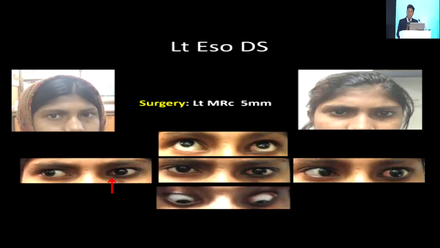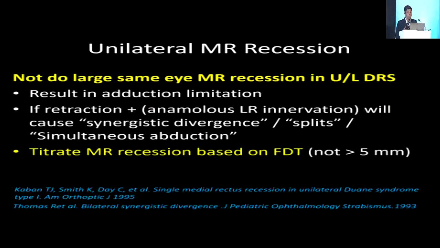It may get a little better with time, but the adduction deficit is there because, as I mentioned in the beginning, the MR is still theoretically a paralyzed muscle, and you've weakened a paralyzed muscle. That's why we generally do very minimal or very small recessions of the medial rectus, because of the adduction deficit you're going to see. So do not do large medial rectus recessions. It does result in adduction limitation.